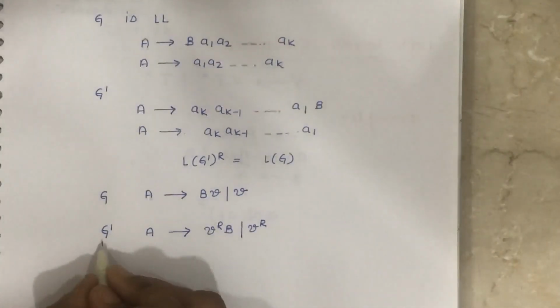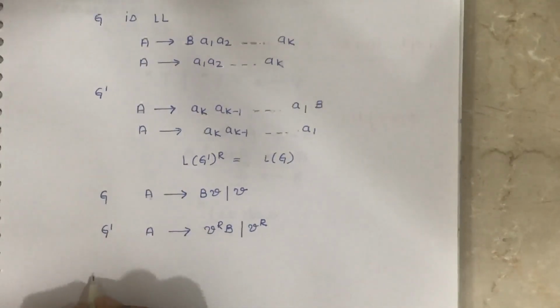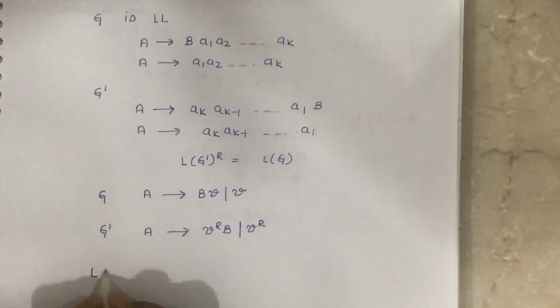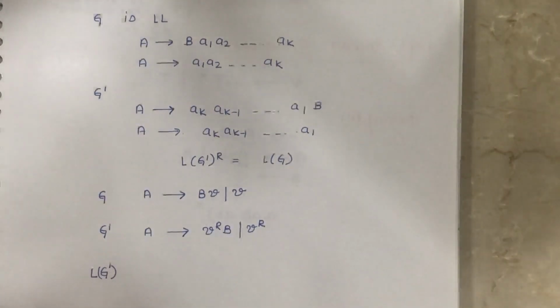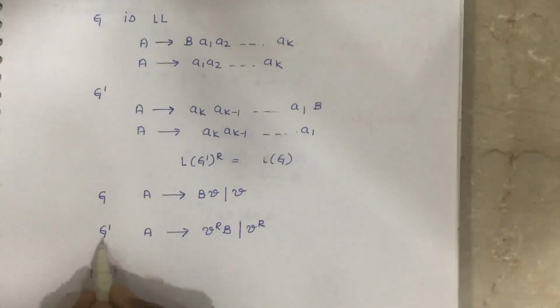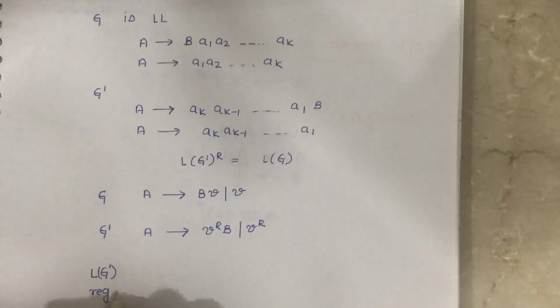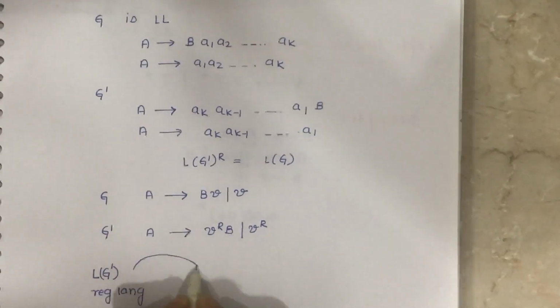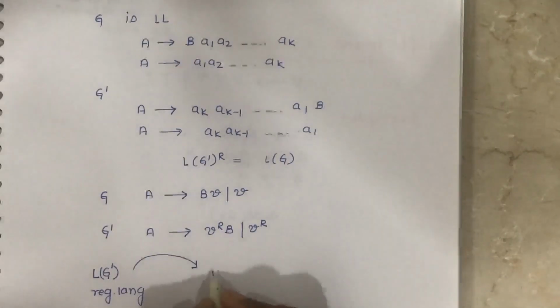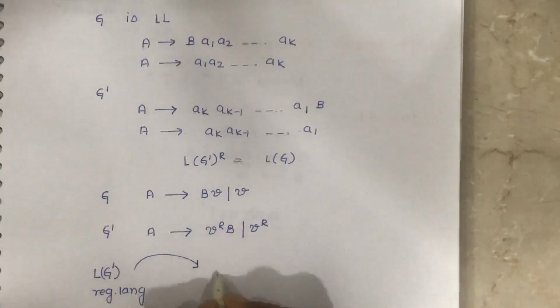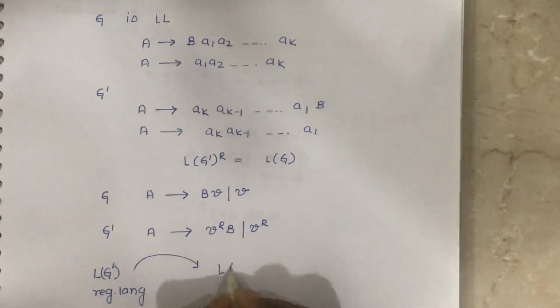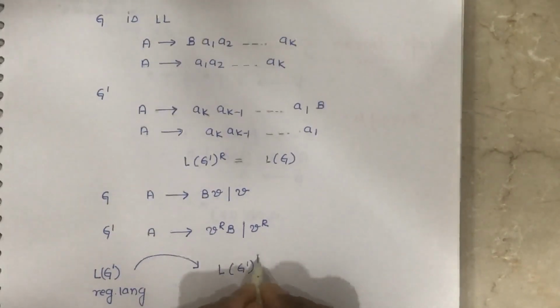So this is the right linear grammar, and we can obtain the language from this right linear grammar. We have already proved that the language generated by a right linear grammar is a regular language. From this language we can obtain the reversal of this language. So the reversal will be L(G prime) reverse.